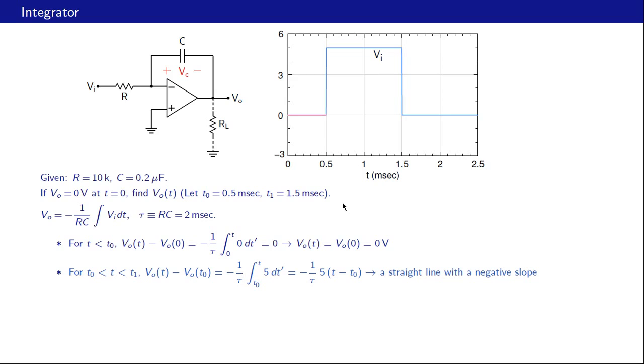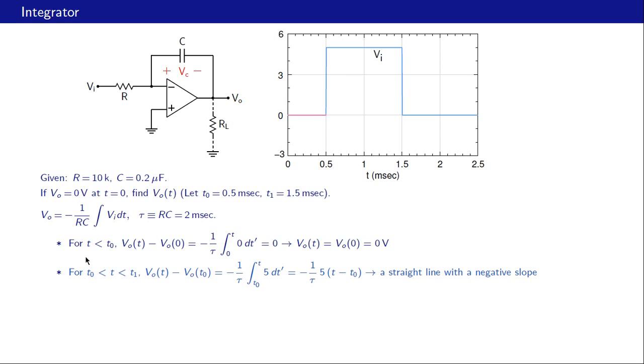Next, let us consider the interval from t0 to t1, that is 0.5 milliseconds to 1.5 milliseconds. Throughout this interval, Vi is constant, 5 volts. So let us find the output voltage now.